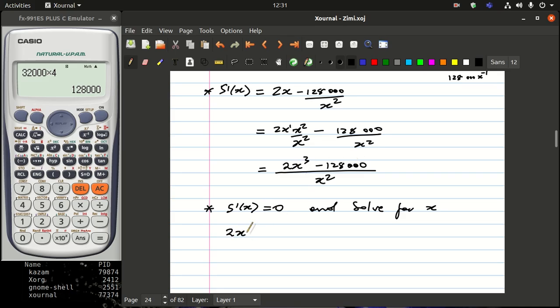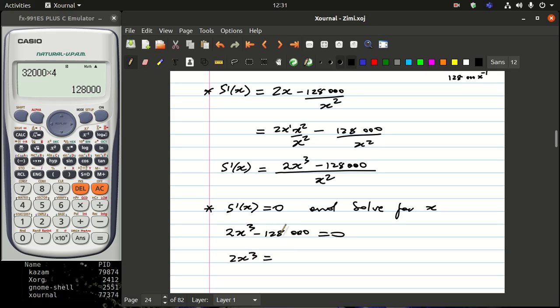So when you are having 2x cubed minus 128,000 equal to 0, that's when this is going to be equal to 0. Other than that, it will not be equal to 0, because if you are having the denominator equal to 0, you will get an undefined. So the only case is when the numerator is equal to 0.